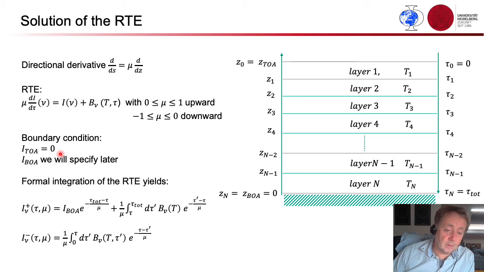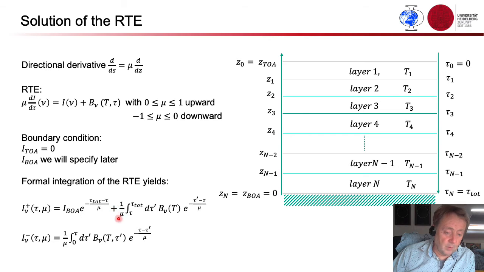For upward directions, we have to specify the radiance at the surface, and we will discuss that on one of the next slides. So with that information, we can integrate the radiative transfer equation, just as we did in one of the early lectures. And what we do see is that for the upward direction, indicated by the plus, the radiance as a function of optical depth and cosine is the one at the bottom times the transmission function.